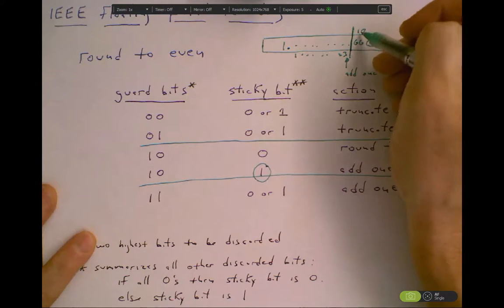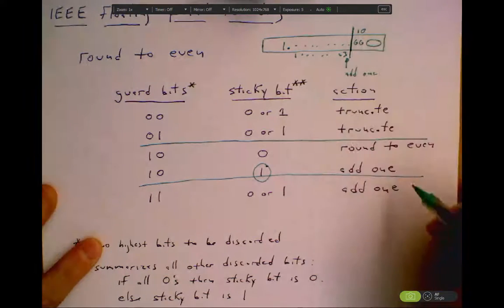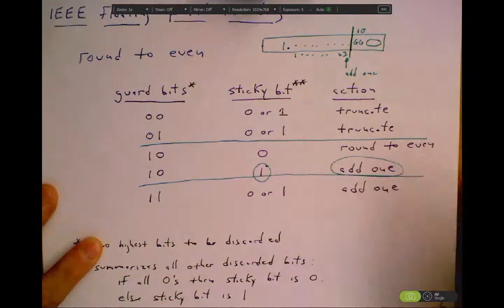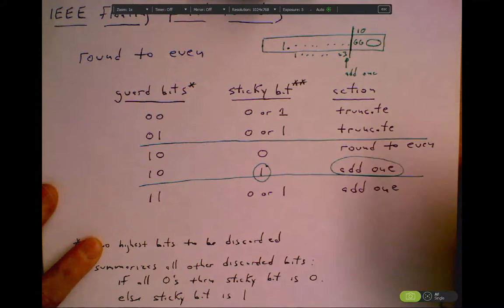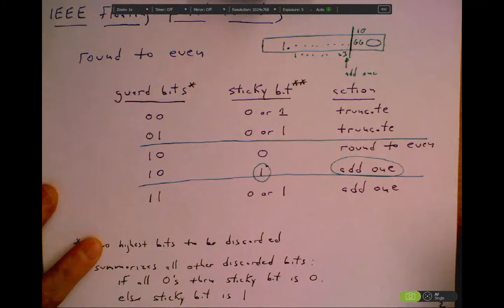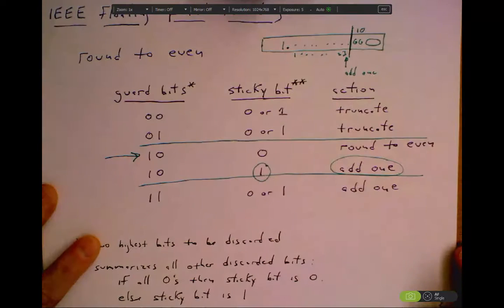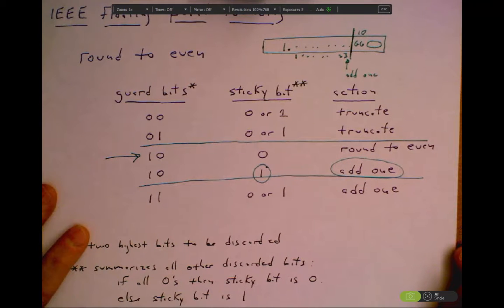So it is a little bit more than 1/2, because there's a 1 bit out here somewhere. In that case then, I add 1 to that 23rd position there. So that brings us down to only one case, which is round to even.